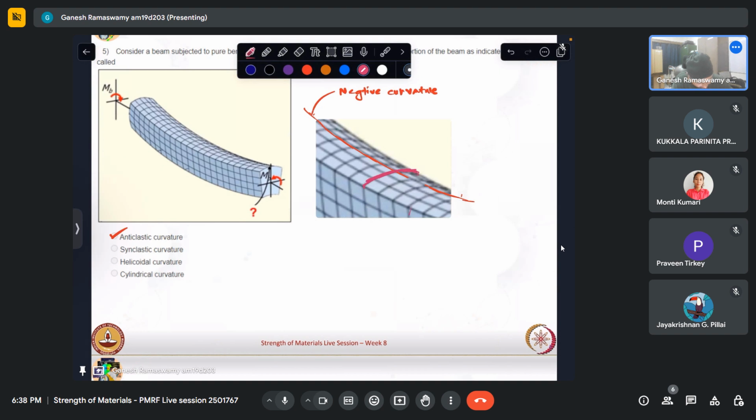That is what we use for our maxima, minima double derivative test. Essentially we compare the curvature to whether it is flat or curved downwards or upwards. By that we derive whether it is a maxima or a minima. So that is a negative curvature, and this is a positive curvature. When along two perpendicular directions the curvatures are of opposite nature, it is known as anticlastic curvature.